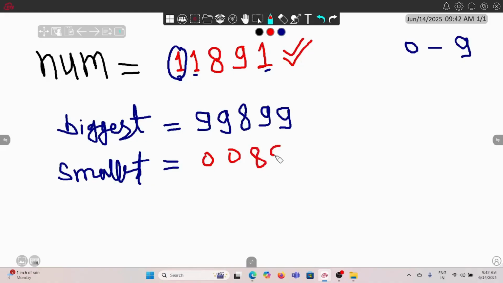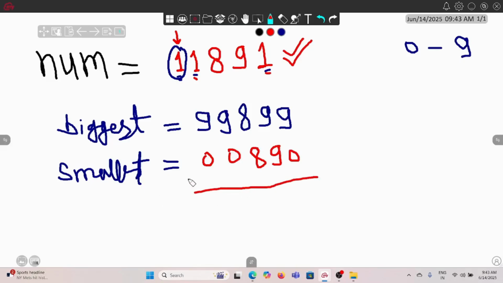This would be the smallest number, because the most significant place we are converting to 0. And all the occurrences should be replaced with that value, so be replaced with 0.